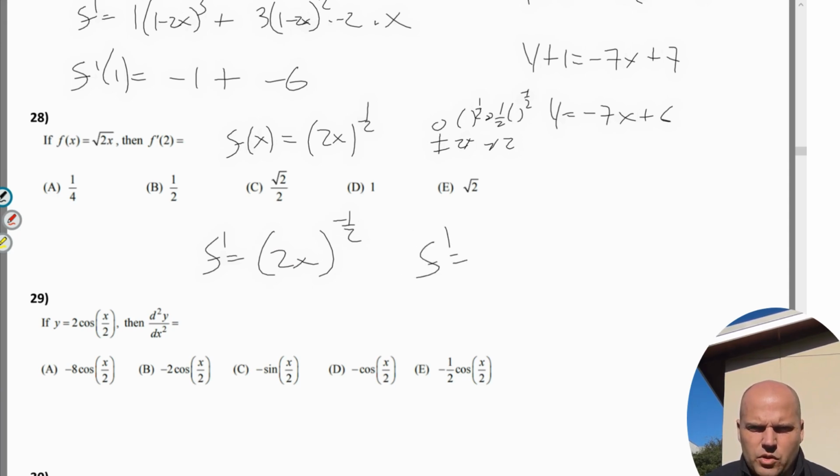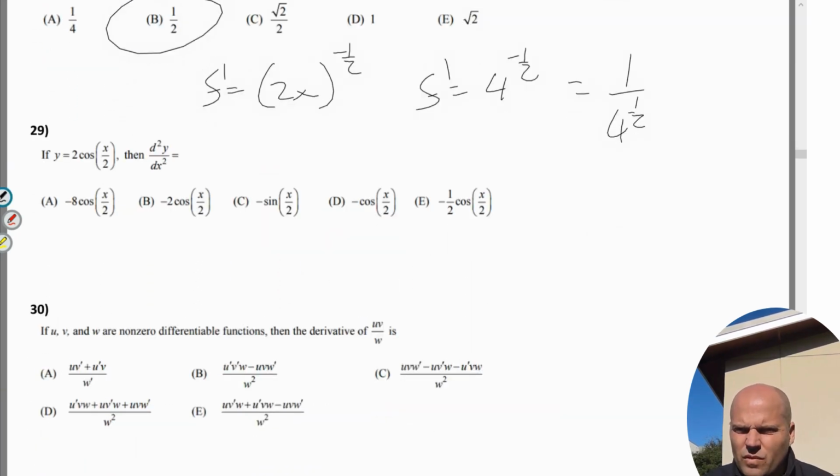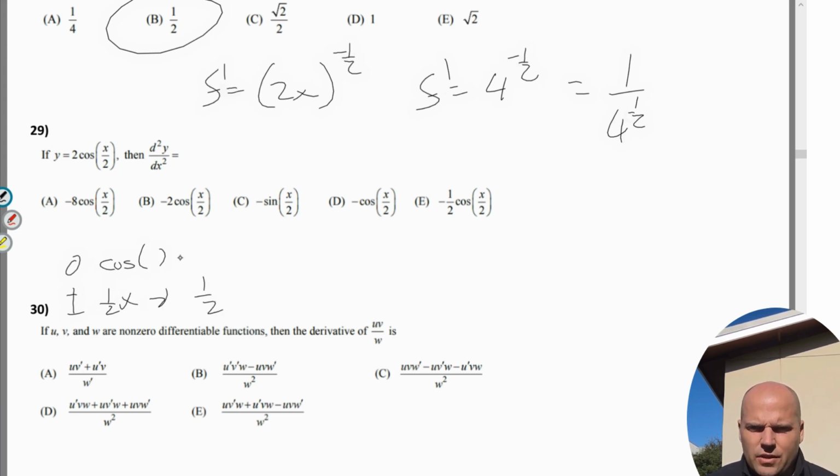So that becomes 4 to the negative 1/2 at 2. And that's 1 over 4 to the positive 1/2. So that's 1/2. X over 2 is the same as 1/2 x. Tell you that over and over again. Don't let this mess you up.